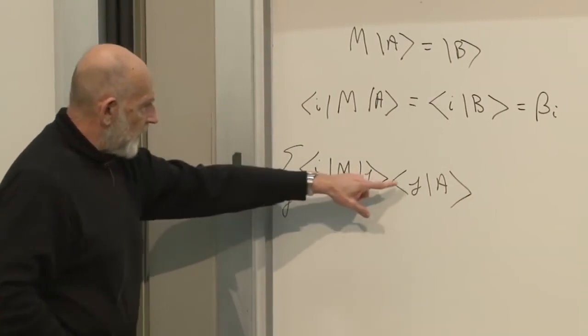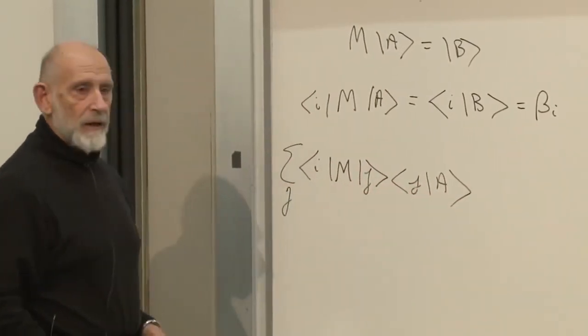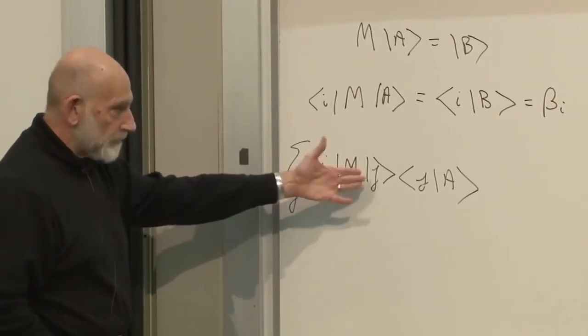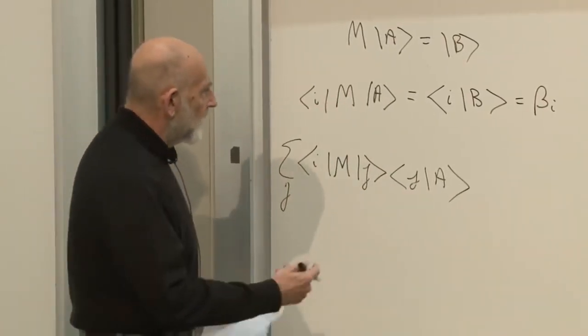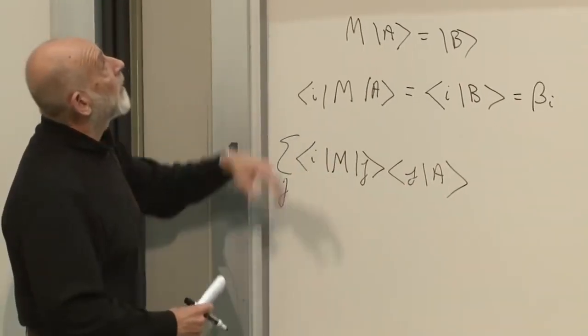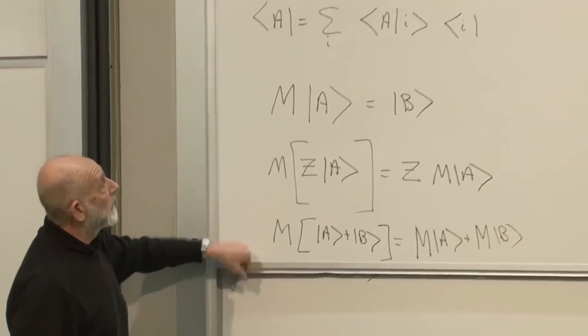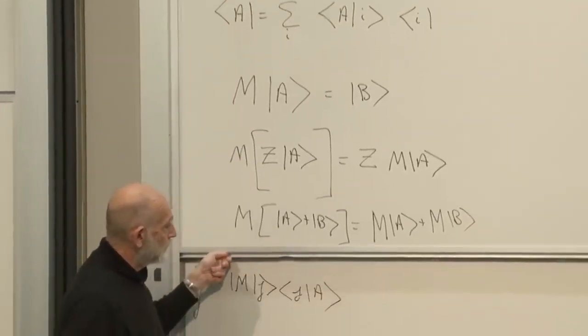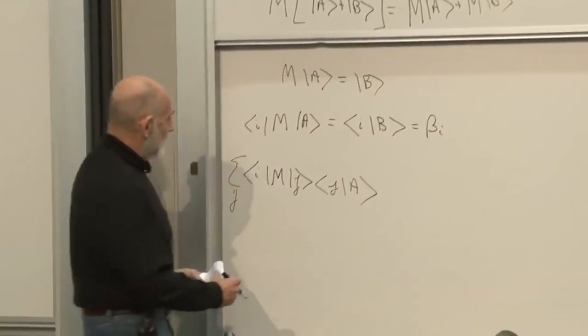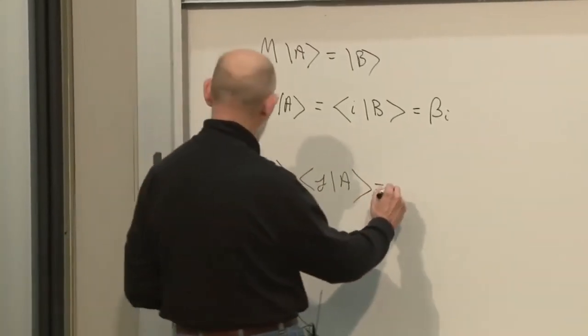I've stuck in for A the sum of the components times the jth basis vector. But now, A times j, go up to the top again, that's just alpha j. So we now have a formula completely in terms of components.